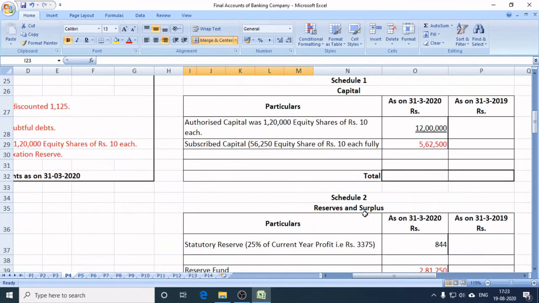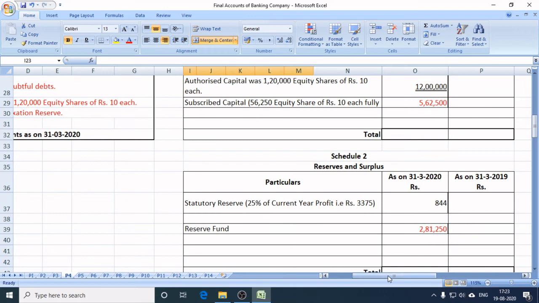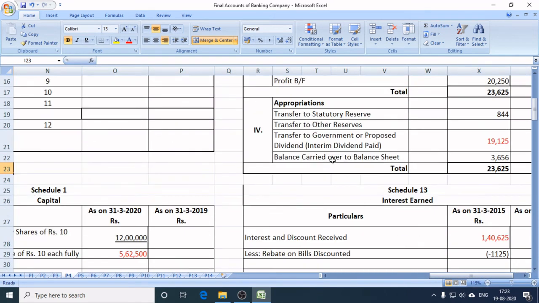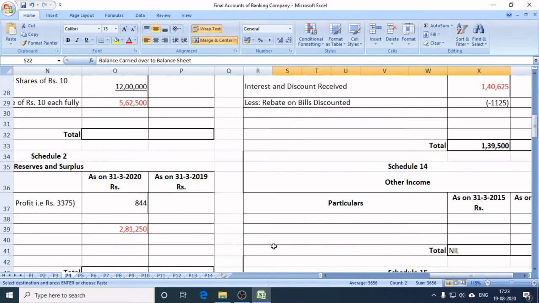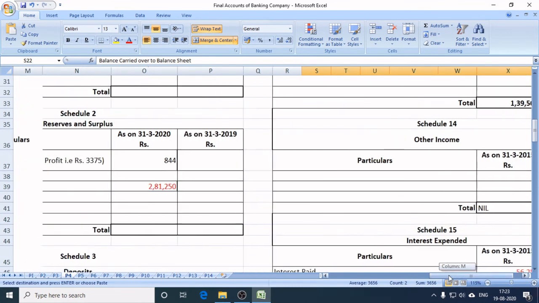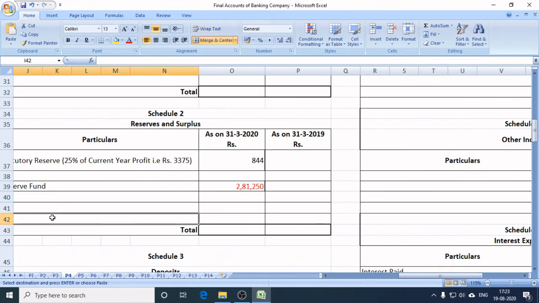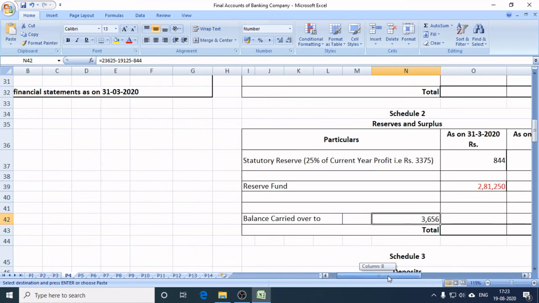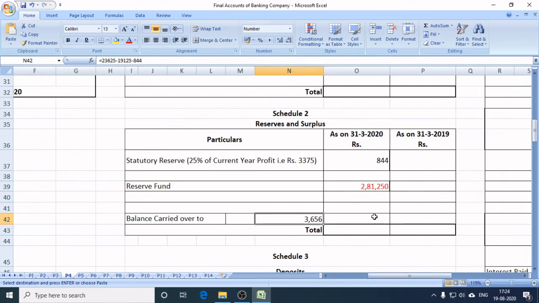Okay, now the next is we have to carry forward this figure, balance carried over to balance sheet in schedule number 2 again. Here 3,656.